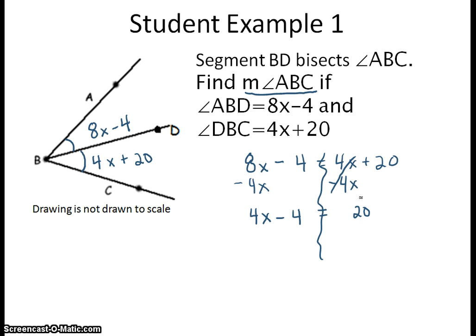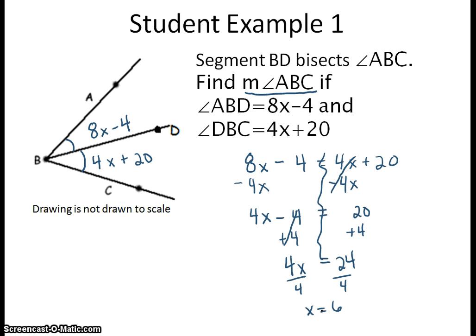Alright, so I moved all the variables over to one side. Let's move all the numbers over to the other side. So the opposite of minus 4 would be plus 4. Add 4 to both sides. Makes that go away. Get that 4x is equal to, and 20 plus 4 is 24. And then divide by 4 on both sides, and get that x is equal to 6.